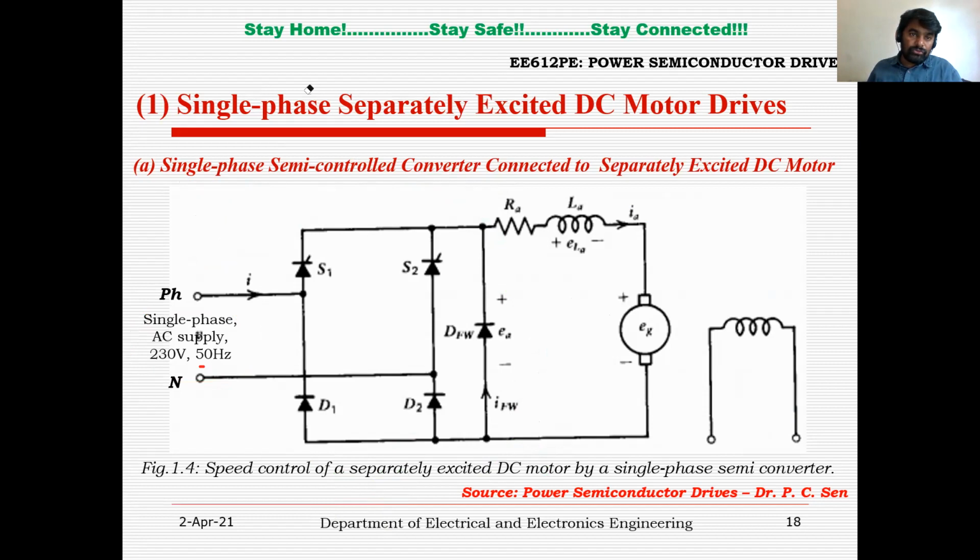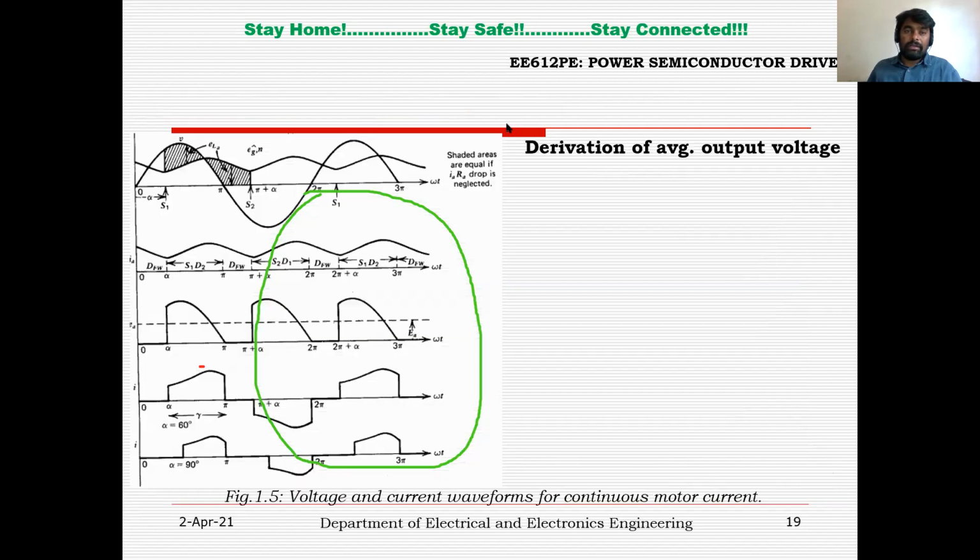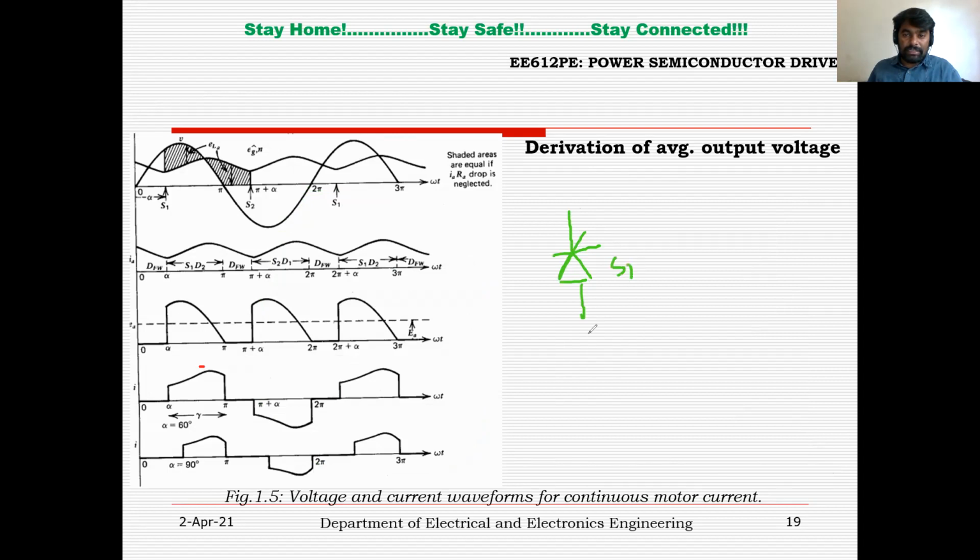So now before going to do that, let us see what are the output voltage, output current, and input current waveforms for the symmetrical semi-controlled converter, right? Here you can see. Again, I am going to draw here the symmetrical semi-controlled converter, which consists of thyristor S1 and diode D1. This is leg A. And one more leg.